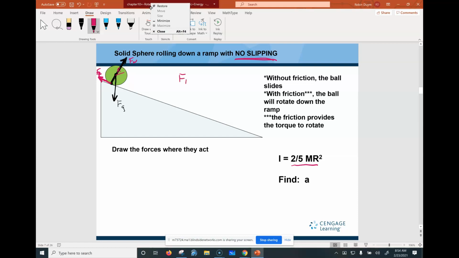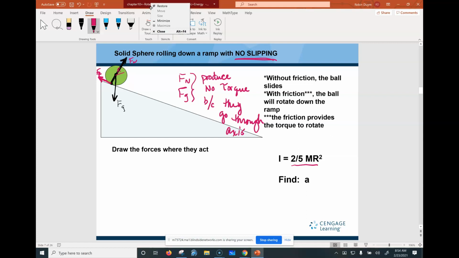So Fn and Fg produce no torque. So in other words, they don't do anything to help that ball roll.